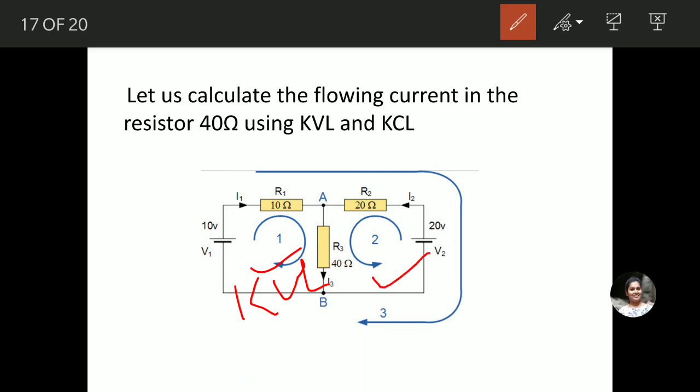Then the total voltage drop should be equal to the source voltage. So 20 volts is equal to the voltage drop across R2, that is I2 R2, plus the voltage drop across R3, I3 R3, which is equal to 20 I2 plus 40 I3.